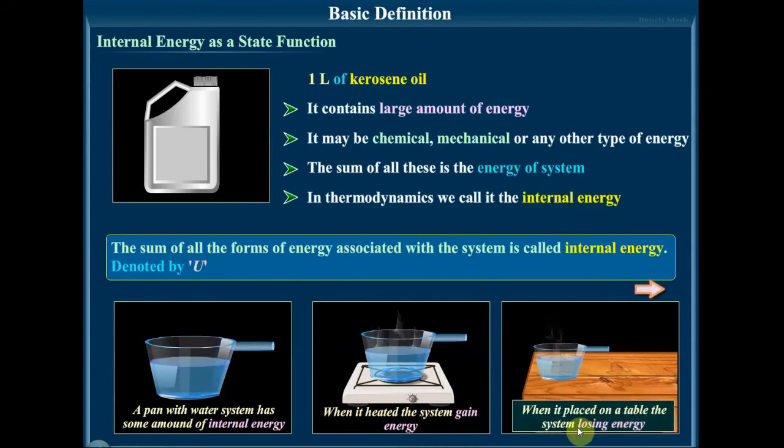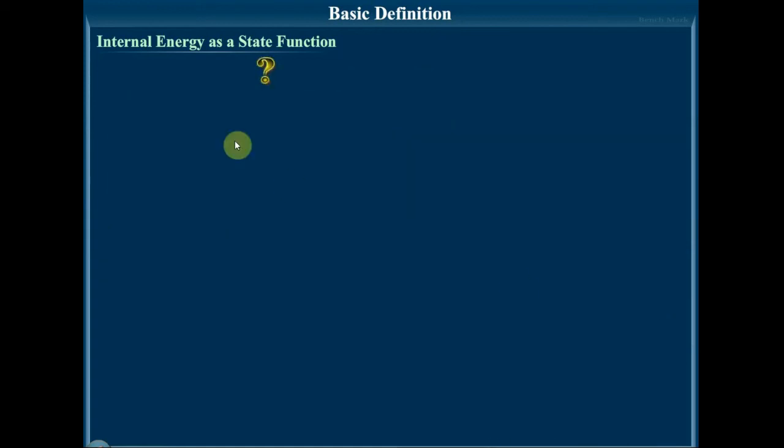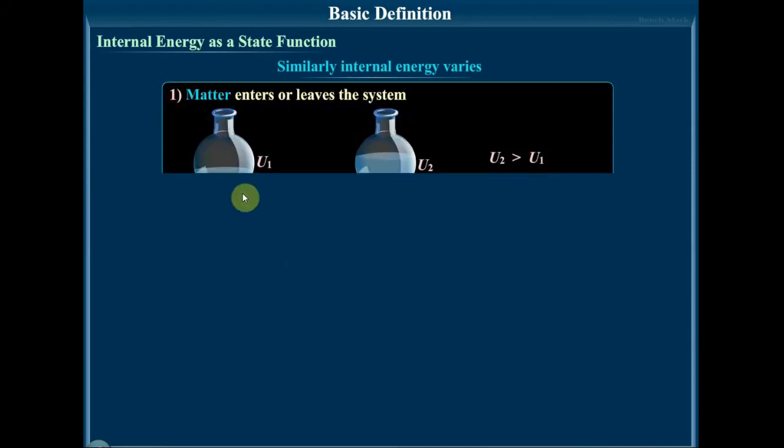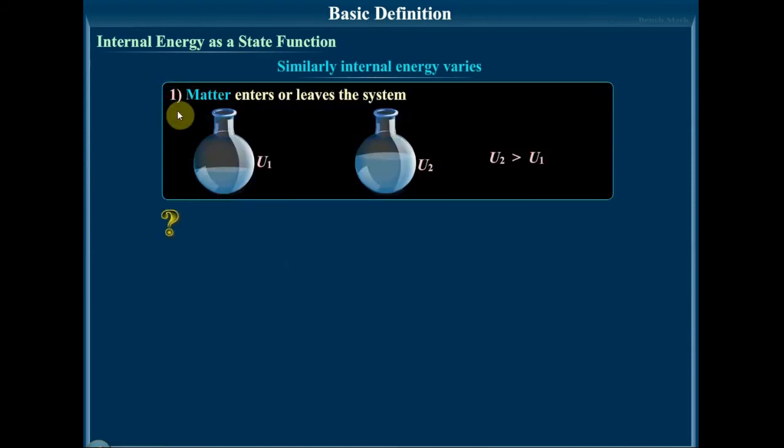We all know about it. Similarly, internal energy varies. The first one, matter enters or leaves the system. Here there is one system which has internal energy U1 and another system which has internal energy U2. And U2 is greater than U1. Why? Because there is more matter in U2.